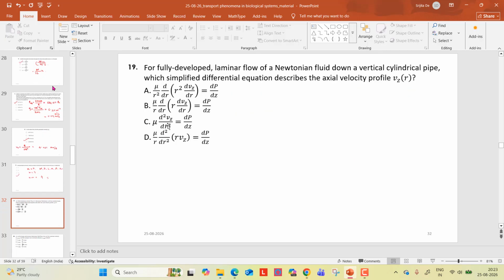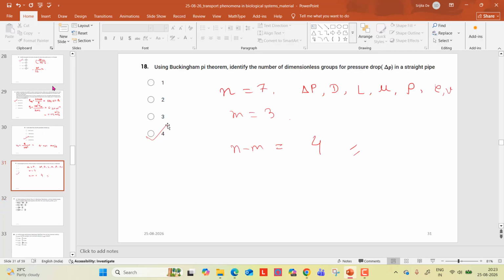This dimensionless number will be different for all situations. For pipe flow I have considered this, but for falling film or the annular case, we have to take other parameters also, which are not important here.